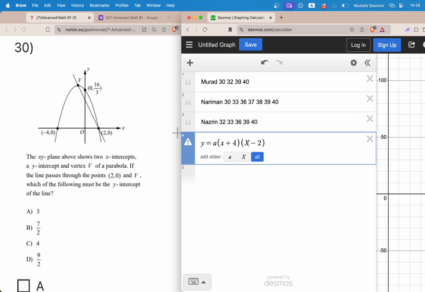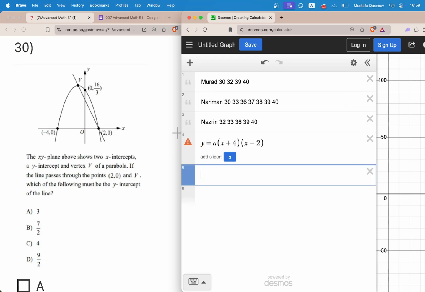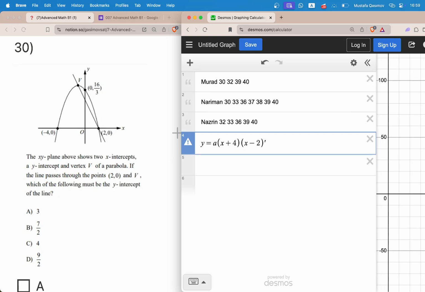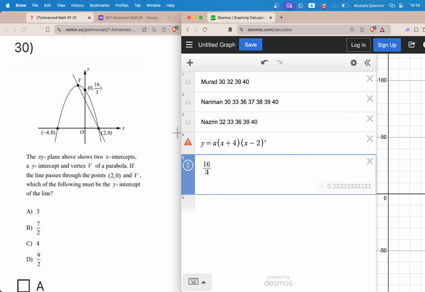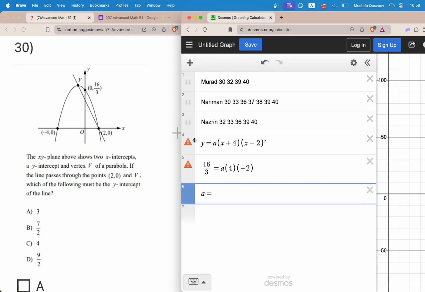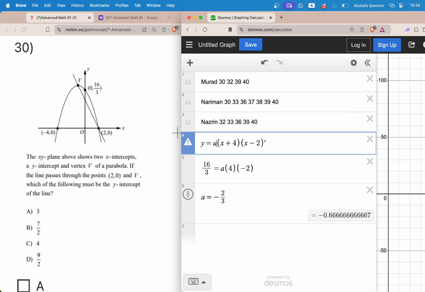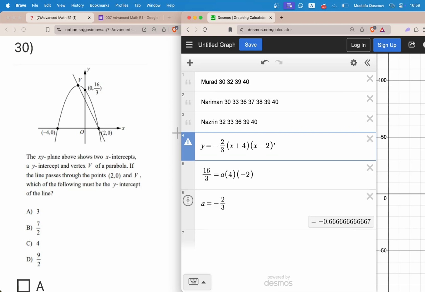Then we have to find a. For finding a, we can use the y-intercept. It will be 16 over 3 is equal to a multiplied by 4 and negative 2. Then a is equal to negative 2 over 3.